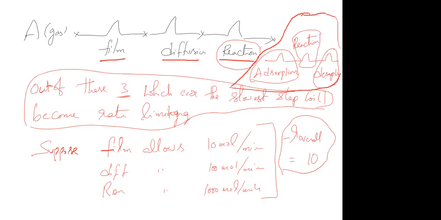Then my kitchen gate is big enough that it allows, let's say, 2,000 people. But if you ask people to go through the gates, how many people will finally reach the kitchen? Only 10 people per minute, no? Because the middle gate, which is the smaller one, will govern your rate of reaction. Got it?